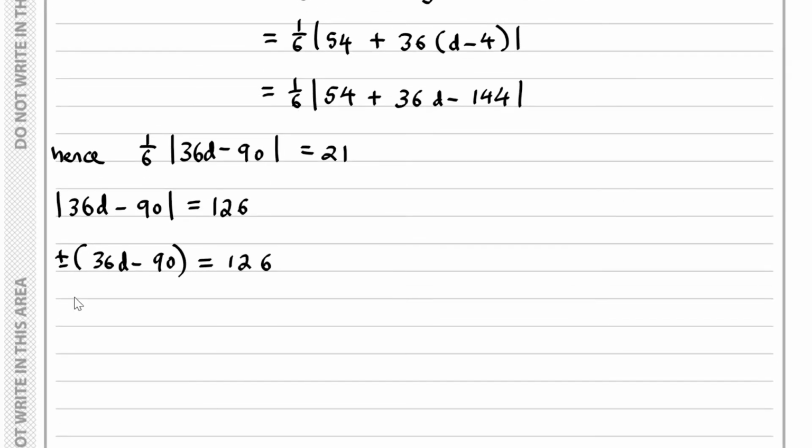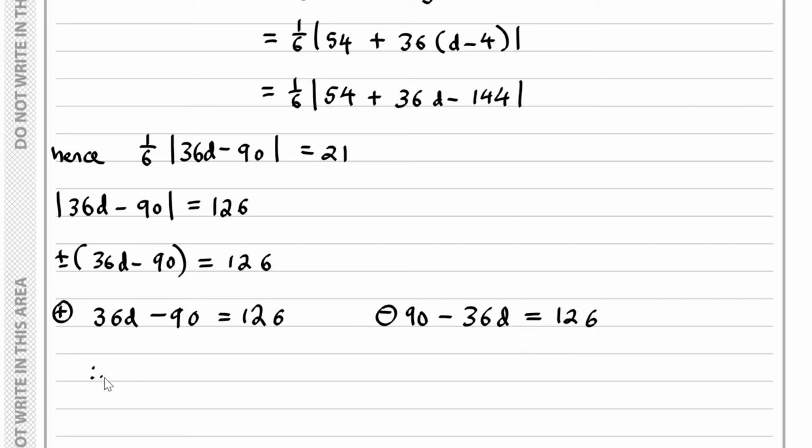If we solve for the positive one, we have 36d minus 90 equals 126, and if we solve for the negative one, we have 90 minus 36d equals 126. Here we see that d is equal to 6, and here we see that d is equal to minus 1. And since d is a positive constant, we can conclude d is equal to 6.